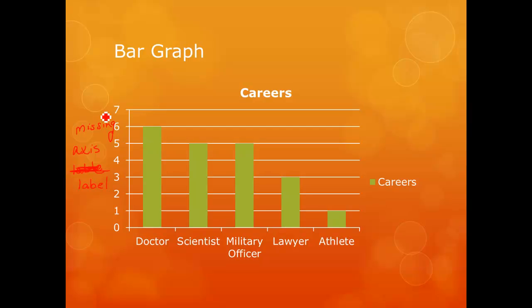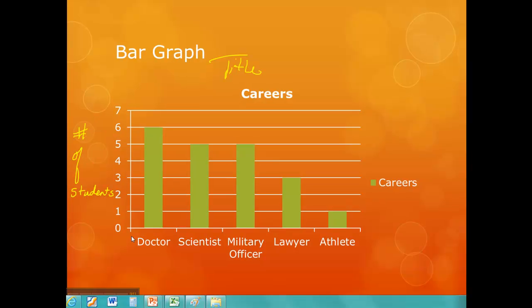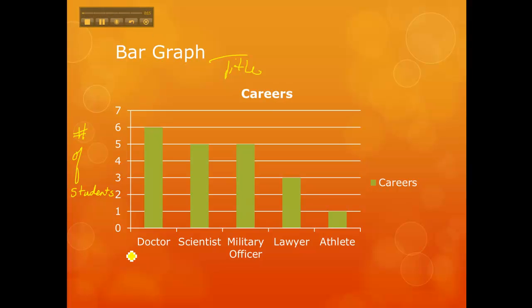So you need an axis label here. We also know we need a title on our graph. I obviously erased things and changed the color because I realized that the red was obnoxious to see. So I went ahead and labeled my y-axis. What a bar graph needs is the title.